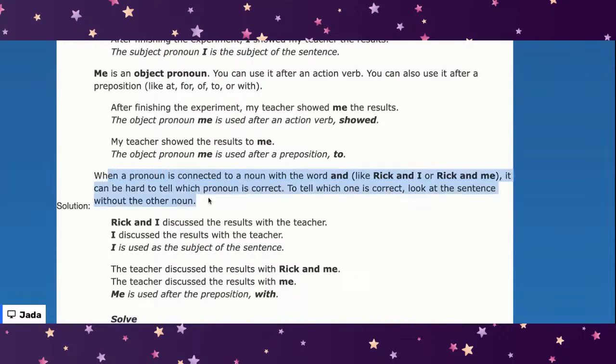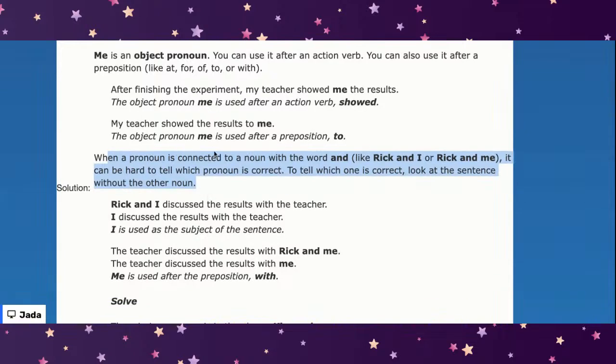When a pronoun is connected to a noun with the word and, like Rick and I or Rick and me, it can be hard to tell which pronoun is correct. So to tell which one is correct, look at the sentence without the other noun.